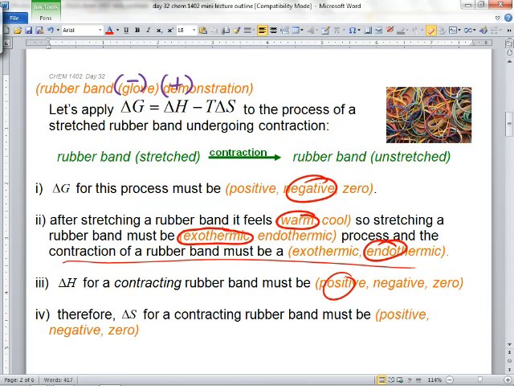Positive plus positive, that ain't gonna work. So it's got to be positive, because a positive times a negative is negative. You add it to a positive number, you can get a negative number. This needs to be huge.